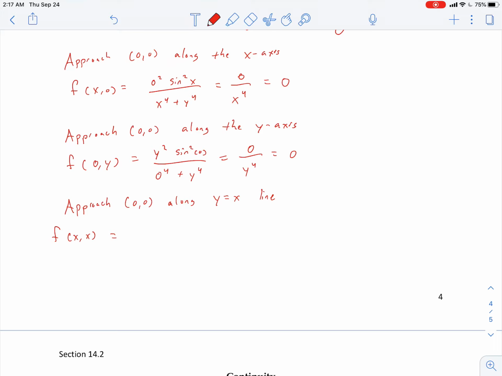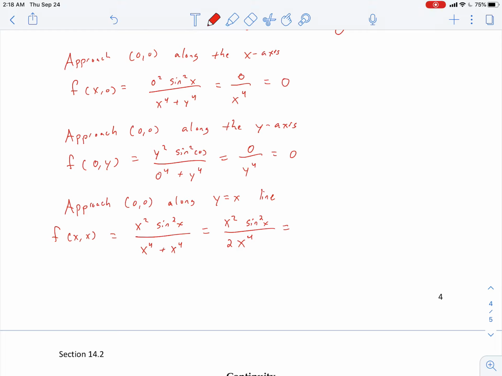Now that I'm going to choose x, I'm going to say x squared sine squared x over x to the 4th plus x to the fourth. So I have x squared sine squared x over 2x to the fourth.